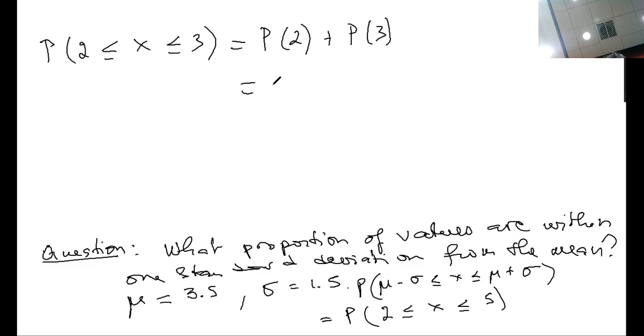You have TI 83, 84? Okay. You go to second function, then VARS, which is distribution. You will see distribution. And then you will choose binomial PDF.